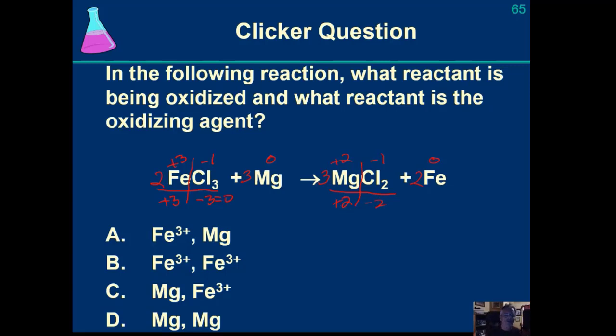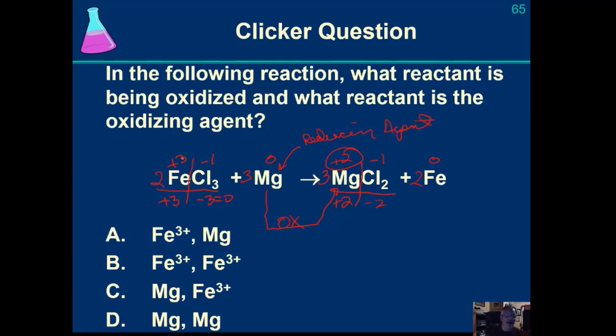Okay, let's go ahead and analyze this. We're looking for what gets oxidized and what is the oxidizing agent. We go from magnesium, which has a 0 oxidation state, to a 2+ oxidation state. That is the element that's getting oxidized, and that actually makes it the reducing agent.